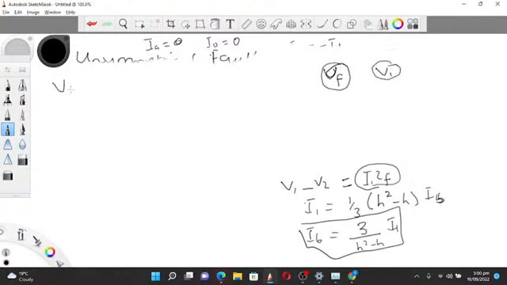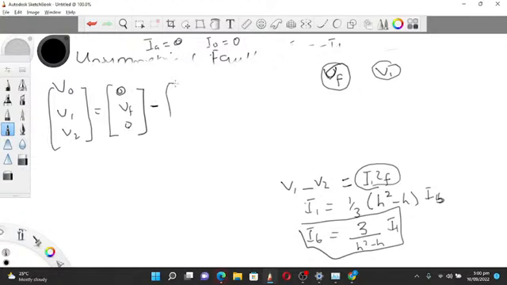The zero and negative sequence circuits don't have any voltage. So the overall V0, V1, V2 is the prefault voltage minus Z0, Z1, Z2 multiplied by I0, I1, I2. When I do this, I can easily get my expressions for V0, V1, and V2.